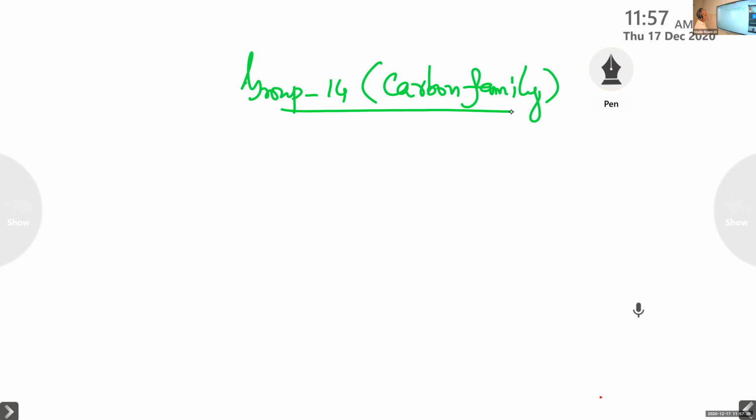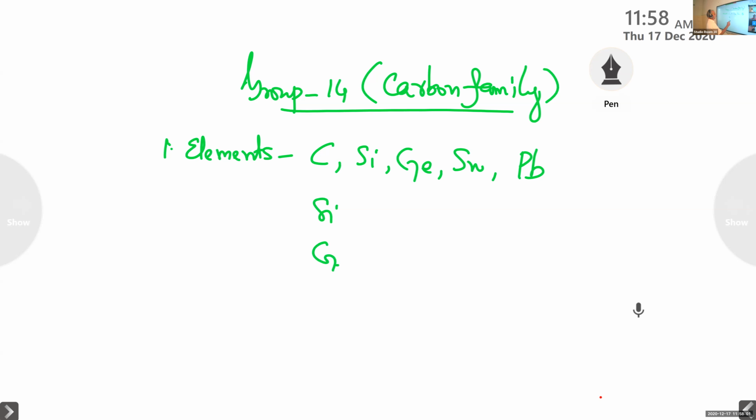Can you read this? Yes, sir. Okay. So group 14 is called the carbon family. Do you remember the elements in group 14? Carbon, silicon, germanium, tin (Sn) and lead (Pb).